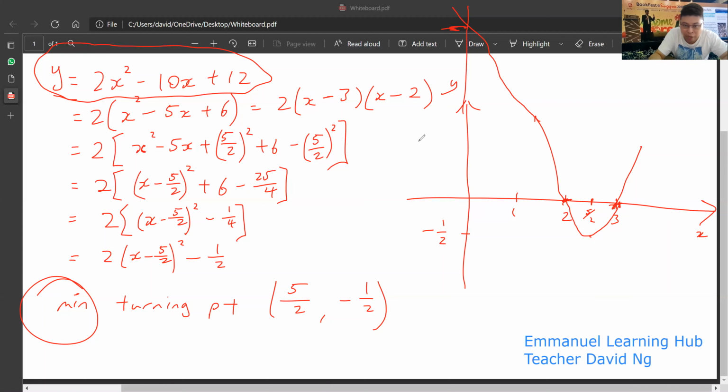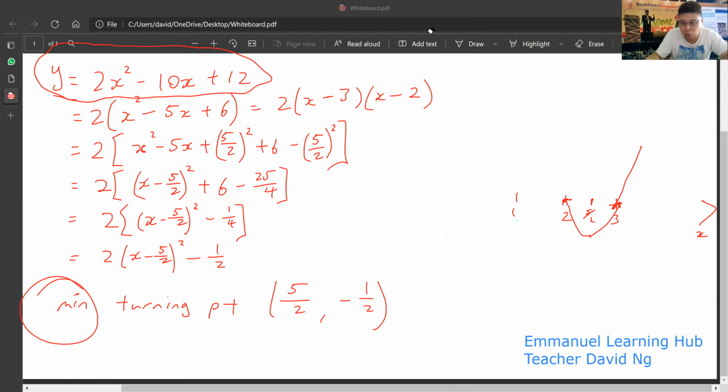Then how to find where it cuts the y-axis? Substitute x is 0. When x is 0, y is the trough. So to sketch a nicer graph, you can do this, because now you even know where the y-intercept is.